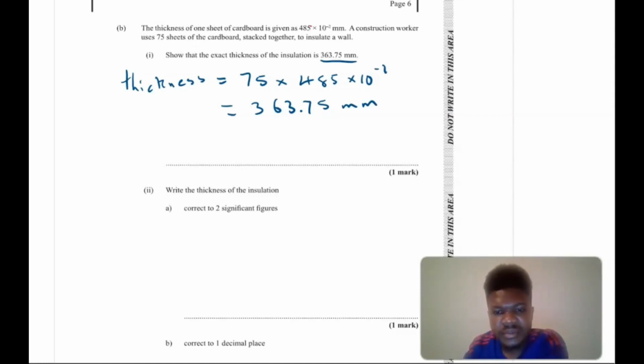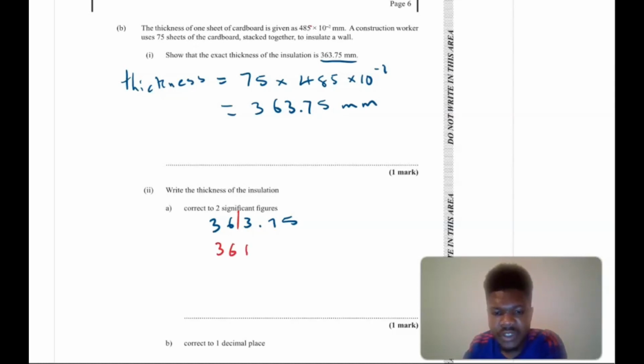Now, the digit in the second significant figure is right here. Oops, if I leave it like that, a person will interpret it wrong. So let's just write it back. 363.75. Now, the second significant digit stops right there. The 3 is less than 5, so we're going to round down.